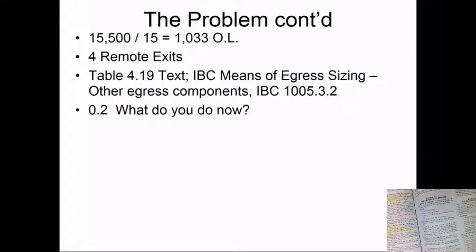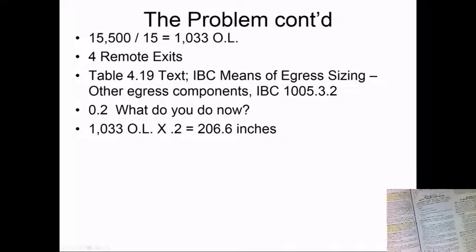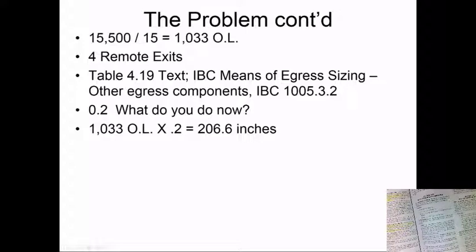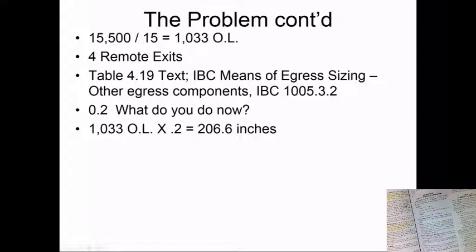So we're going to end up taking, of course, the 0.2, and we're going to take the 1,033, because that's our occupant load, times 0.2, equals 206.6 inches. Well, we know we have to have 4 remote exits, and the exits have got to add up totally to be 206.6 inches, okay?